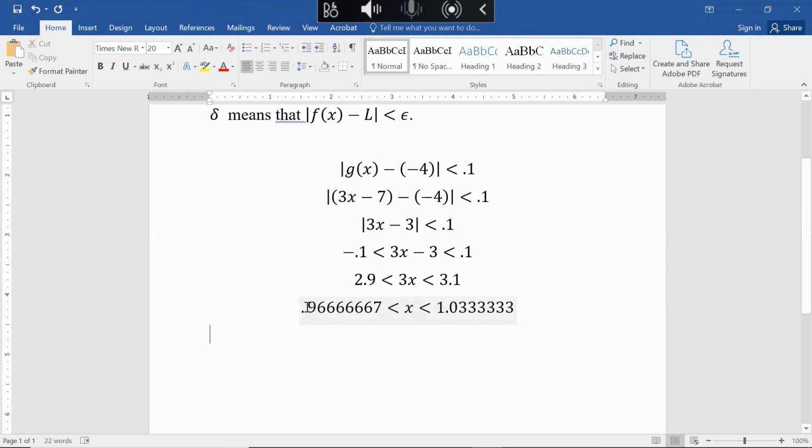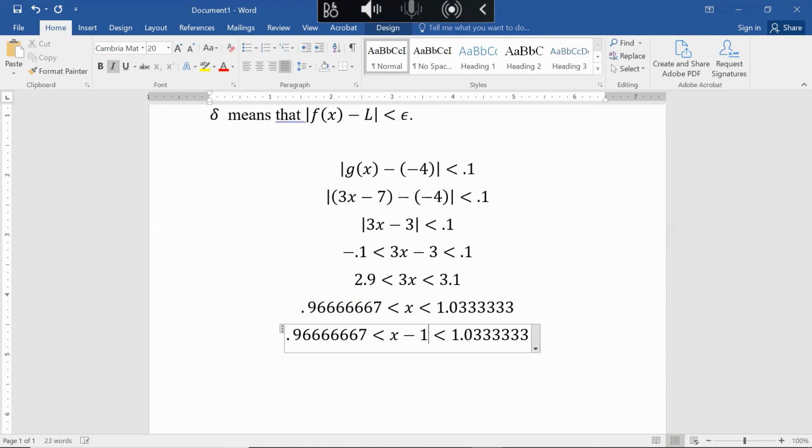Now, what does this mean about x? Simply put, let's think about what this means with respect to 1. Notice that x has to be really, really close to 1. In fact, let's subtract 1 from all three sides. Subtract 1 in the middle, you get x minus 1.